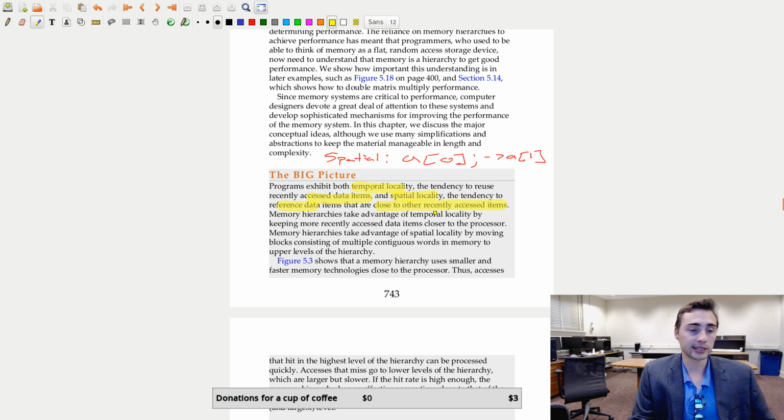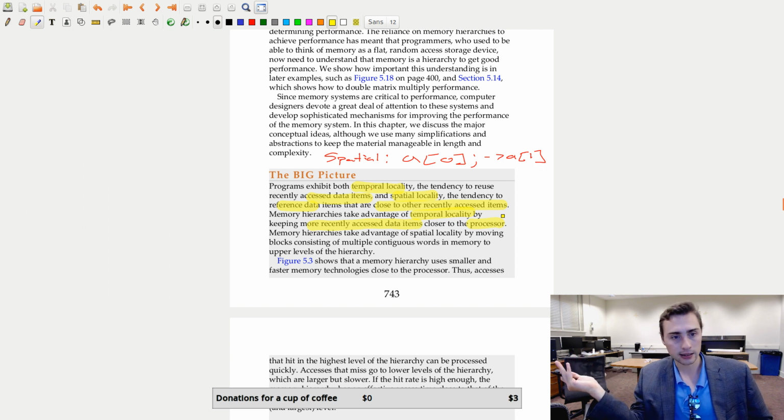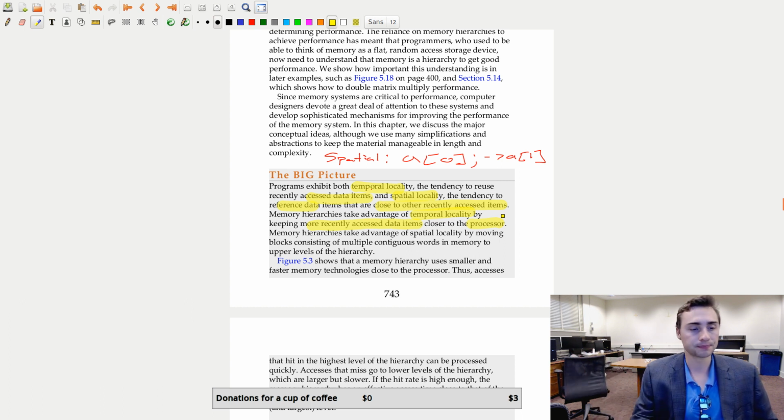Memory hierarchies take advantage of temporal locality by keeping more recently accessed data items closer to the processor. So if we initialize something like A, it's likely that A will be stored in the L1, and when we use A again, we'll probably hit it in the L1.